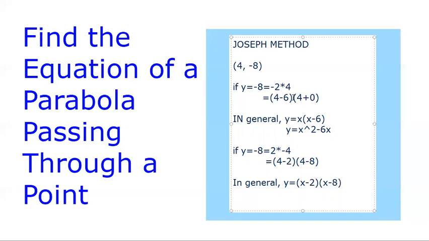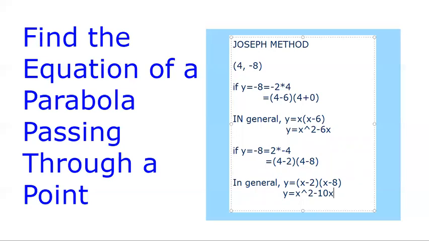And when we multiply it all out, we get y equals x squared, a minus 2x and a minus 8x gives me a minus 10x.